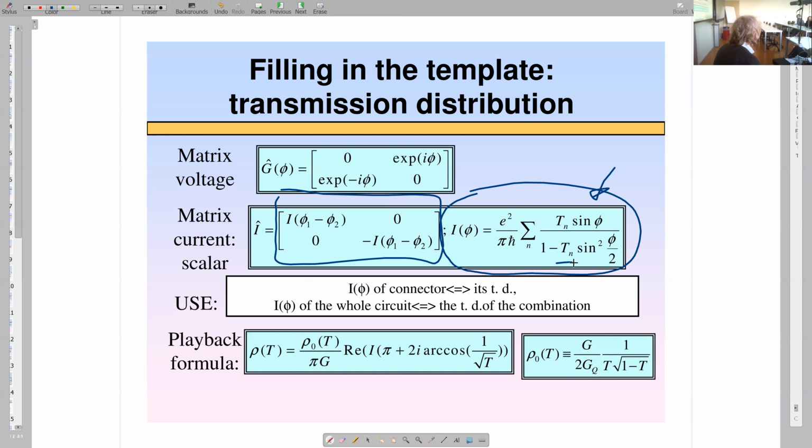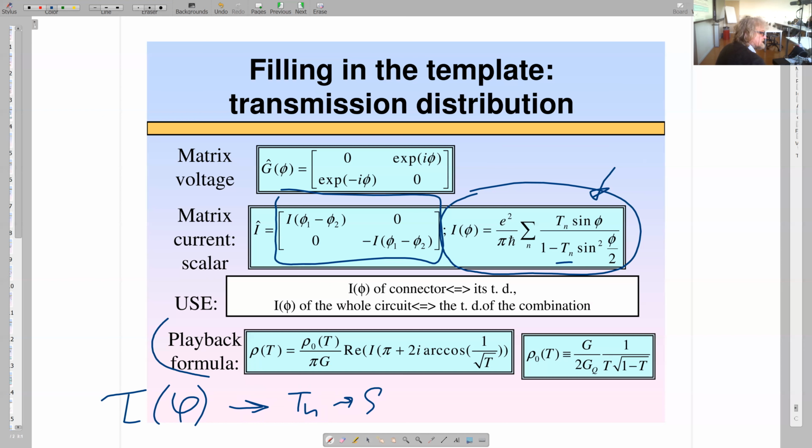All right, that we can do, that's perhaps not very interesting. What is interesting is that we can do the reverse procedure. If we know I of phi, the whole function, we can figure out the transmissions, the whole transmission distribution.